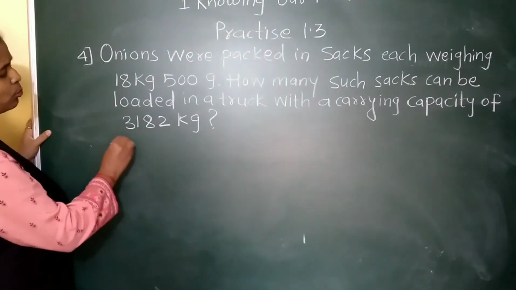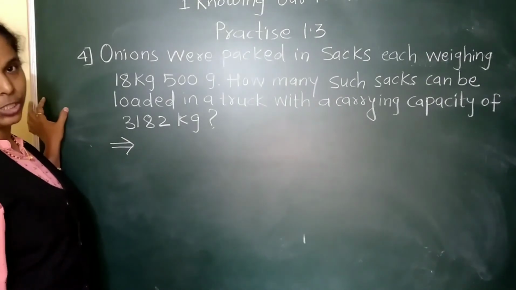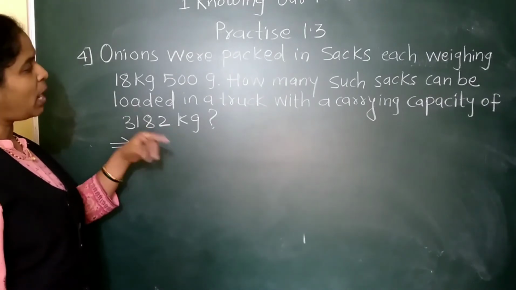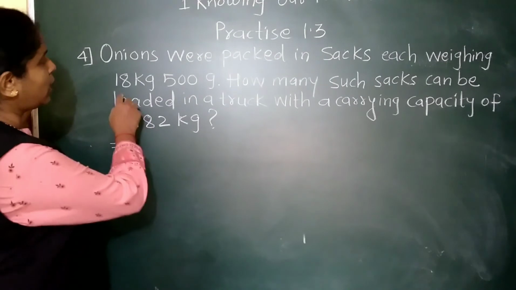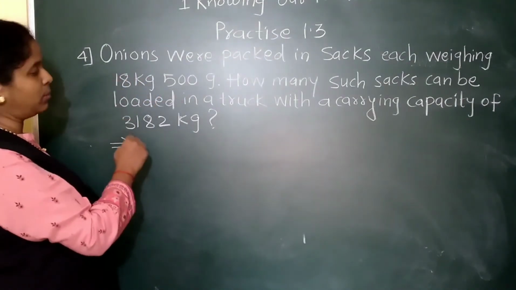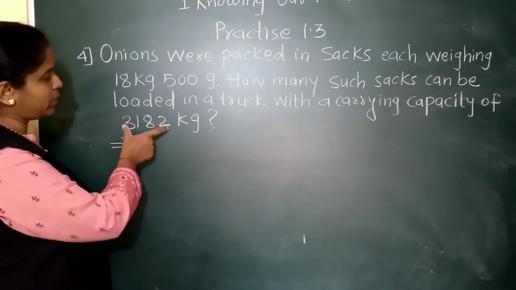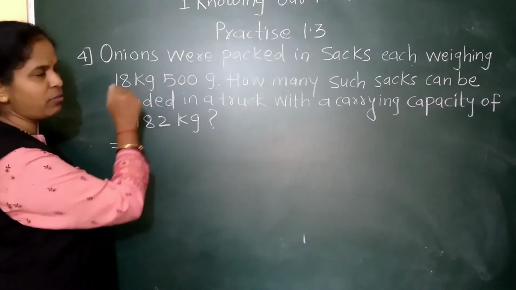So what do we have to do for that? We have to do the division, means we have to divide the total capacity of the truck by the weight of one sack. Now here see, 18 kg 500 gram is given. So it is quite difficult to divide by 18.50, means 18 kg and 500 gram.